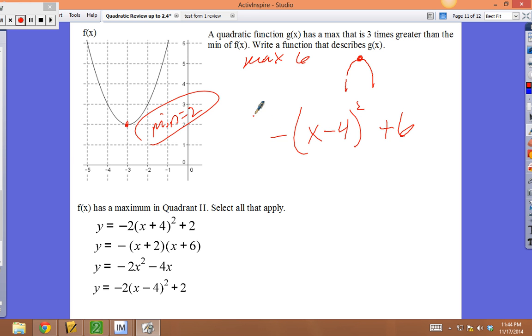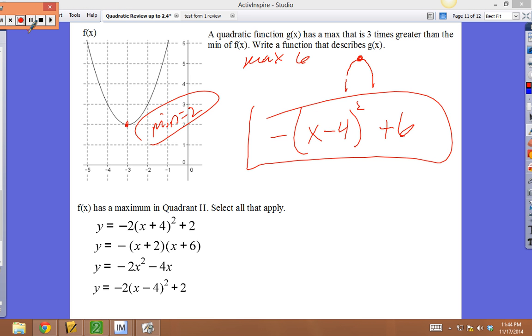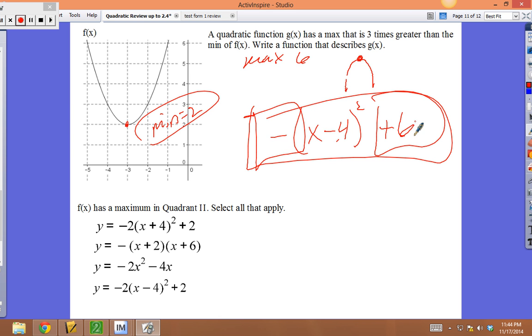So something like that will give me the max of 6. So this is really not important. What is important is that this guy right here has got to be negative, and this has got to be 6 if you do vertex form.